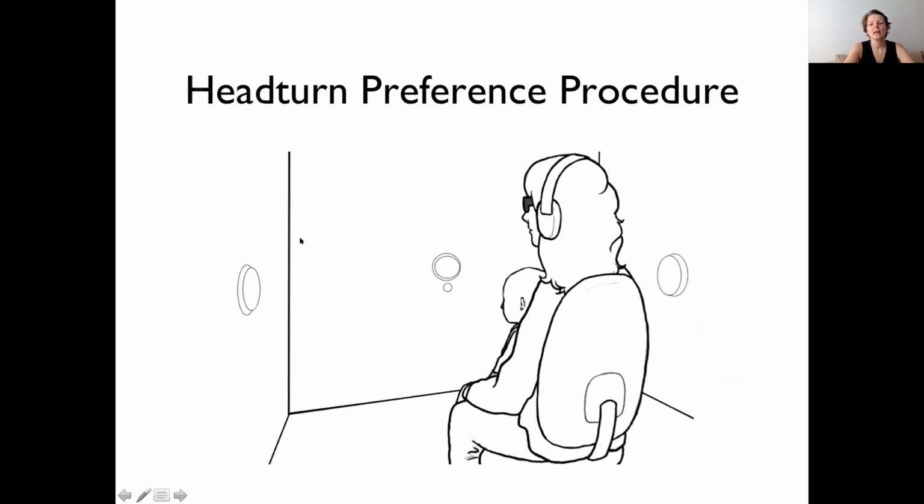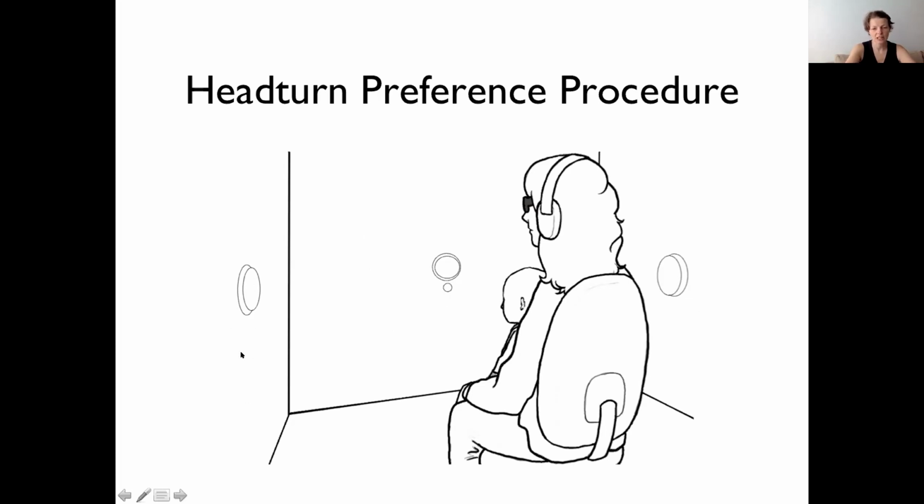So essentially, the test items come from one side or the other of the testing booth. So this is the testing booth, as you can see, baby sitting on a caregiver's lap, and there are lights mounted on the walls of the cubicle. A test item will be presented from either the left or the right randomly. And there is a light blinking on that side.